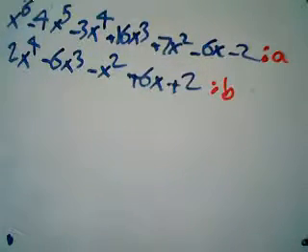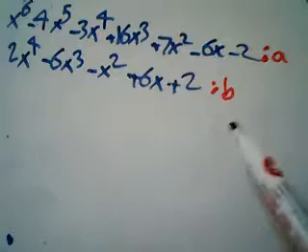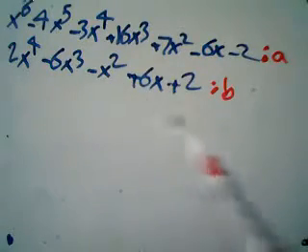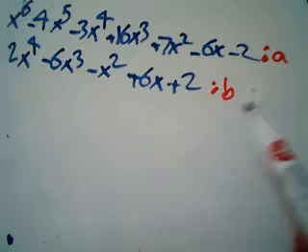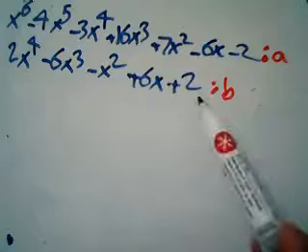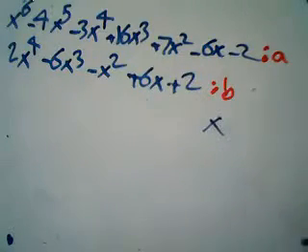And the resulting polynomial would still be of the degree of 6, but would not contain the constant term and the x term.